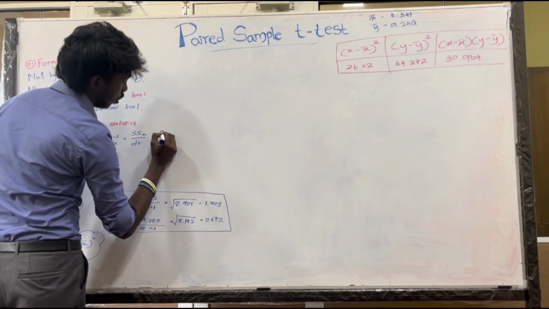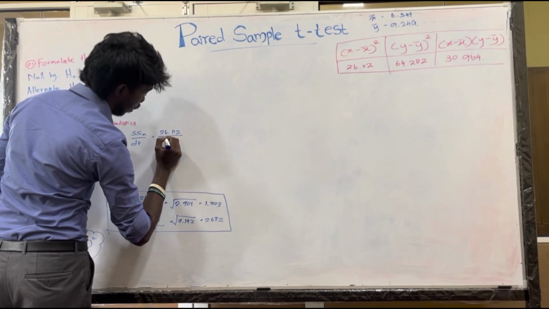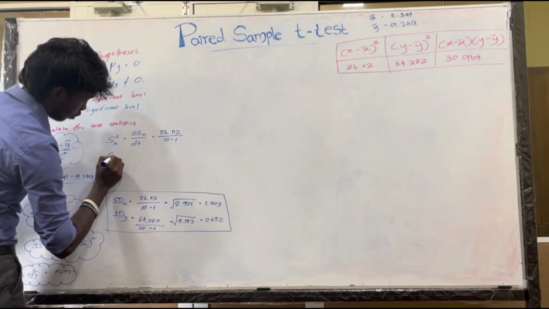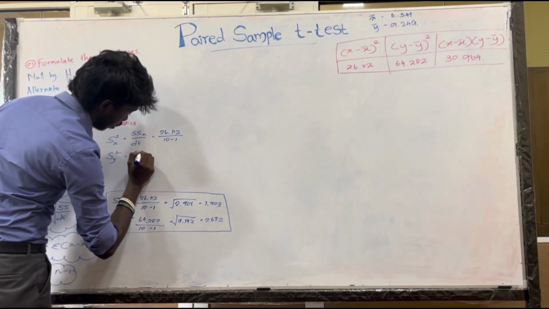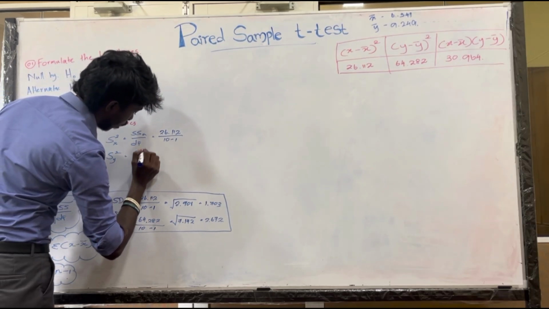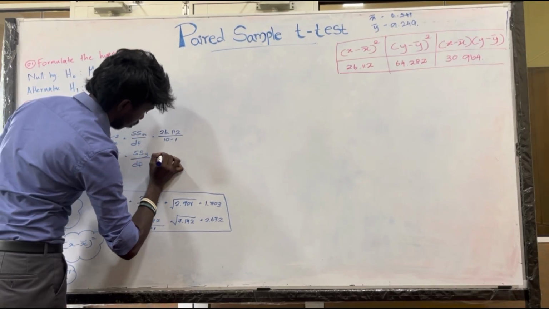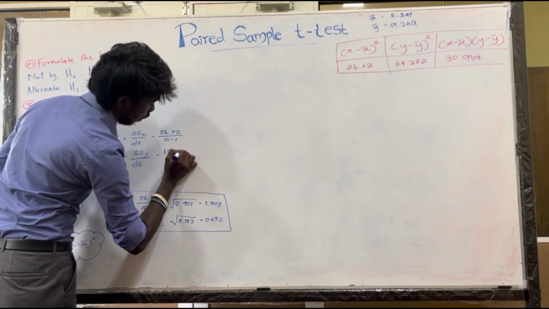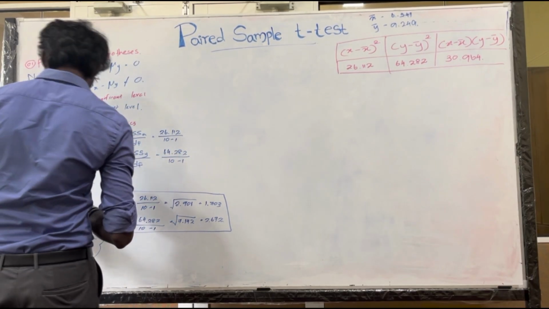So 26.112 divided by the degrees of freedom, 10 minus 1. Variance of y is the sum of squares of y divided by the degrees of freedom, 64.282 divided by 10 minus 1.